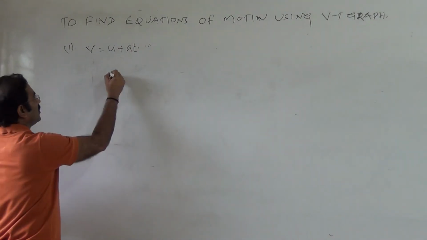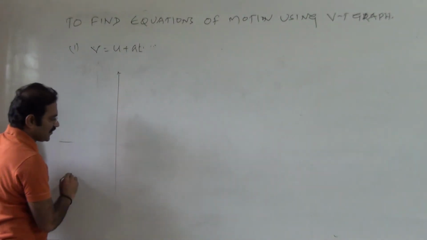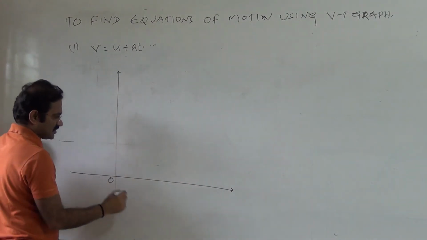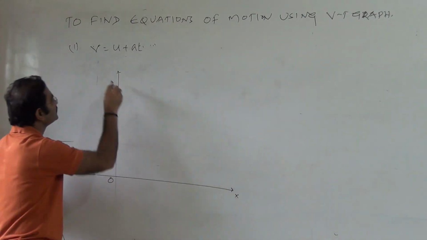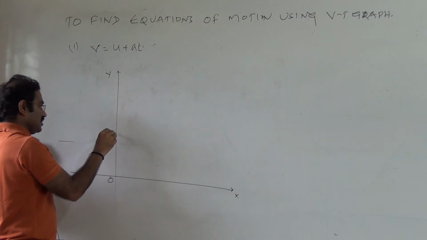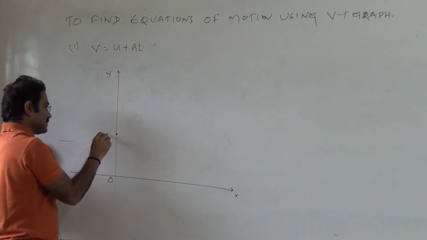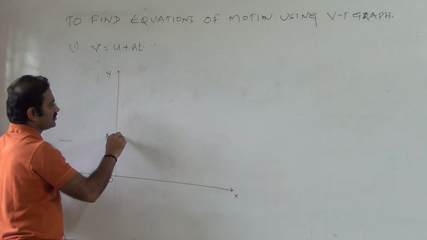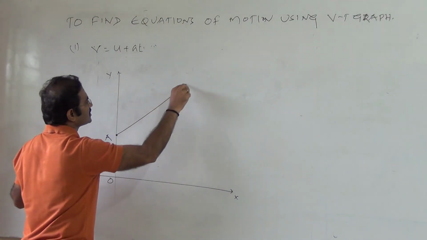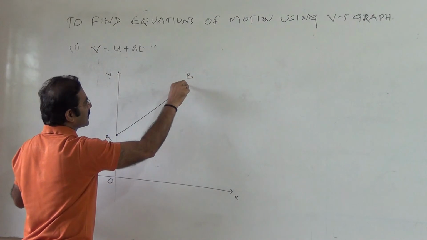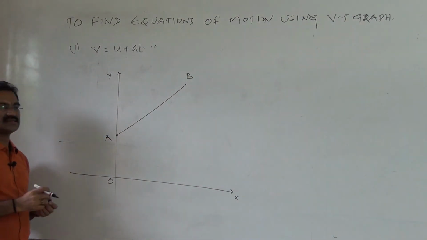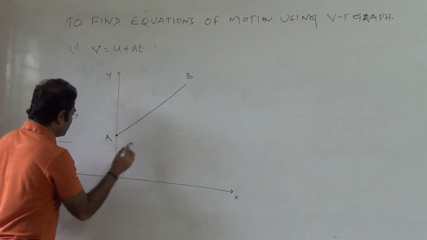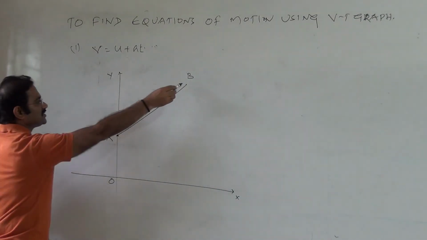Consider the VT graph. This is the x-axis and y-axis. The particle is at A. With respect to the time, the velocity increases, the particle is at B. This is the initial velocity and this is the final velocity.